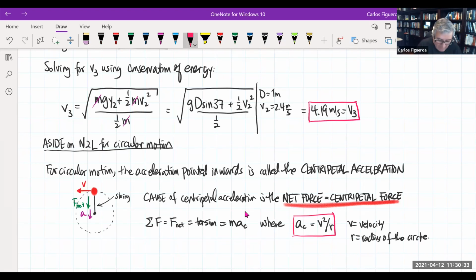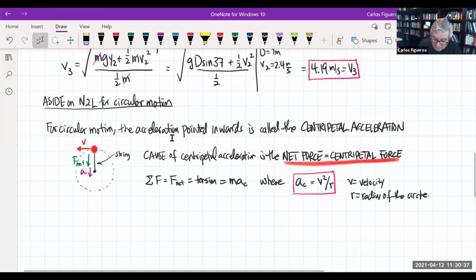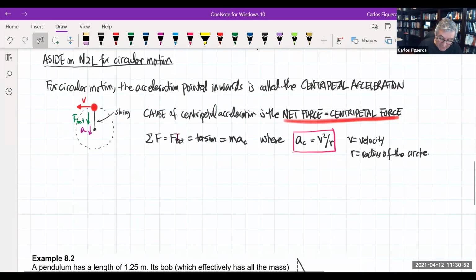And so there's a lot of situations that we could think about. The one thing that we're going to do here today is primarily look at circular motion because we're going to need that for this example. So check this out.